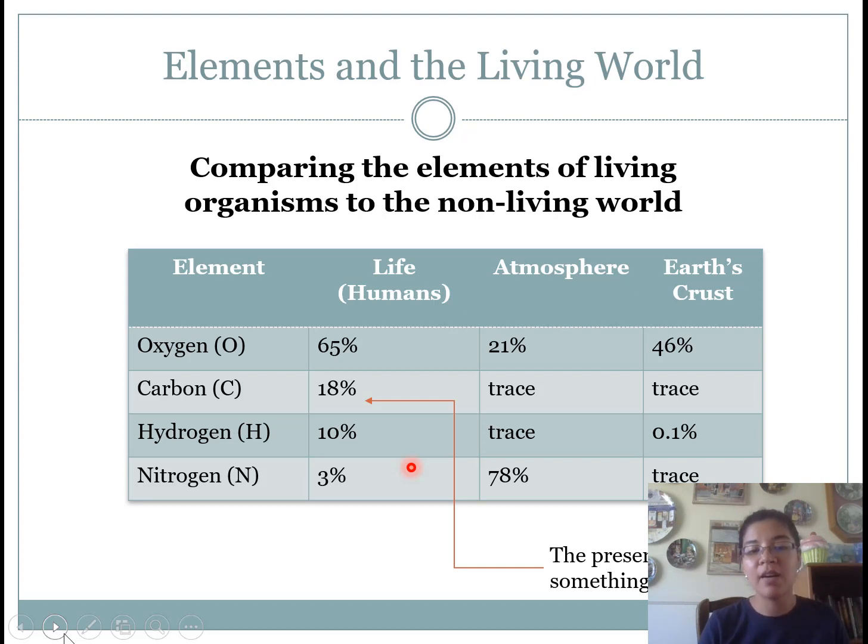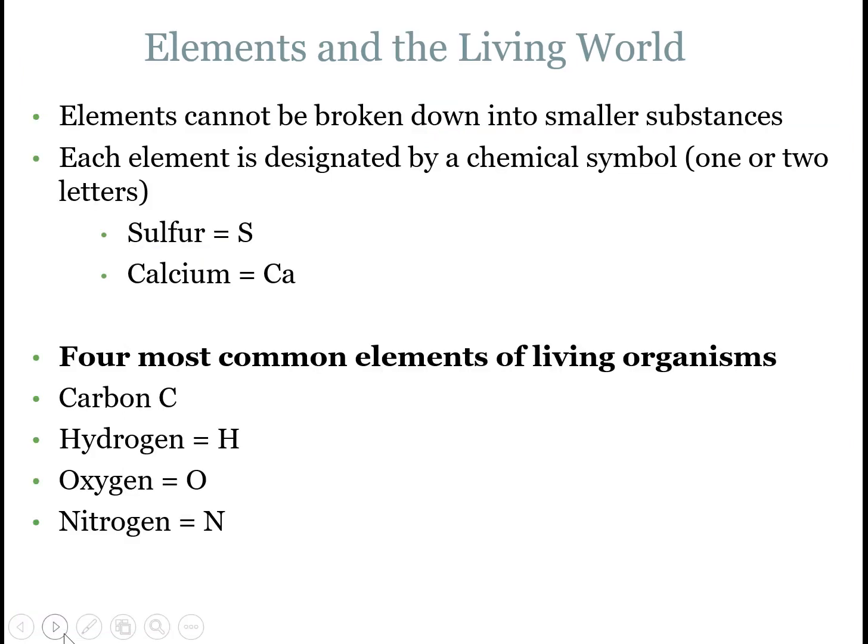So we are made up of these 4 elements: oxygen, carbon, hydrogen, nitrogen, and 18% carbon, and anything that has the basis for carbon as a building block is considered organic. So the carbon presence. If we look at the atmosphere and Earth's crust, we see that carbon is a trace for both of them, and then the distribution of the other elements as well.